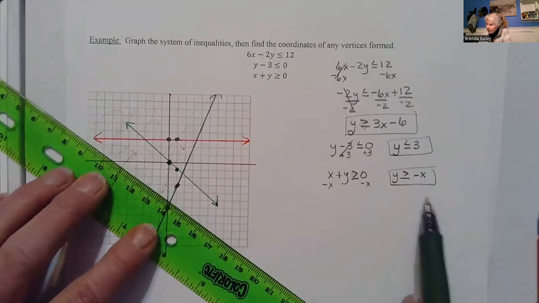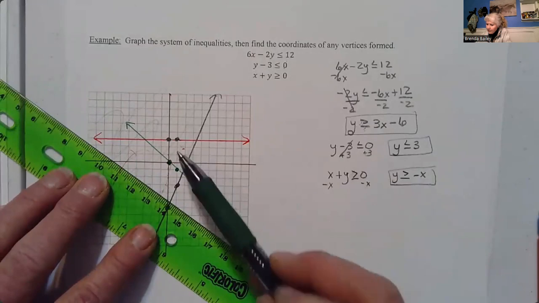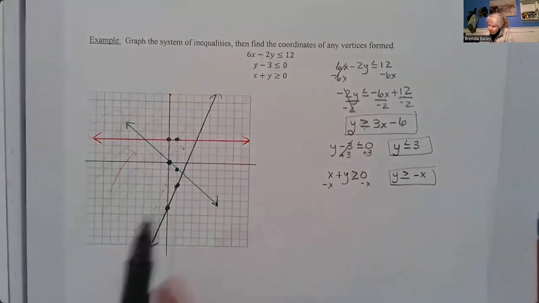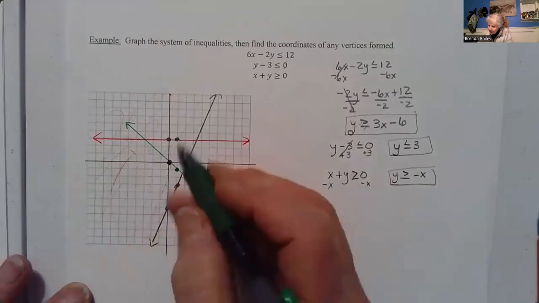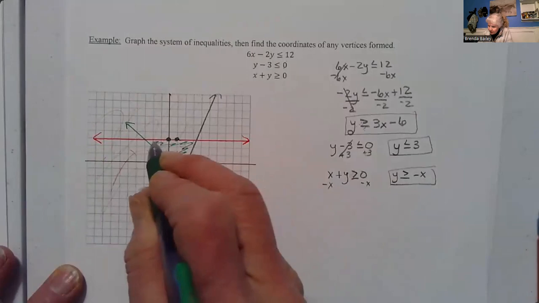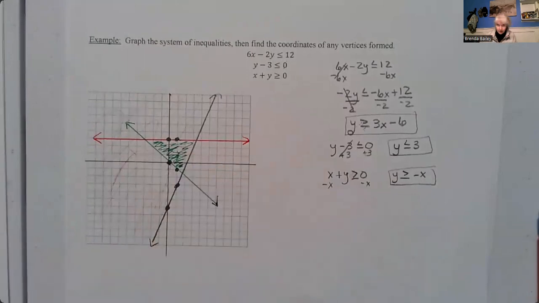And I want above the line, which means you're above the green line. So we know we're over here and we're above the green line. It looks like this is our region where solutions would be found that would work in all 3 equations.